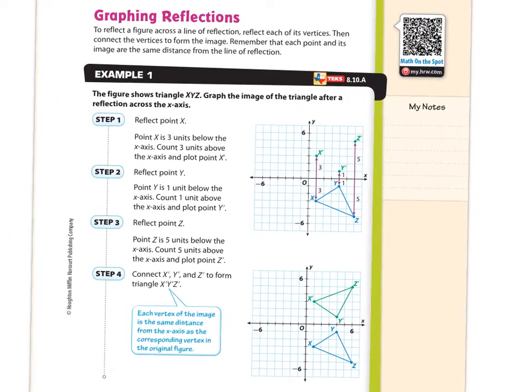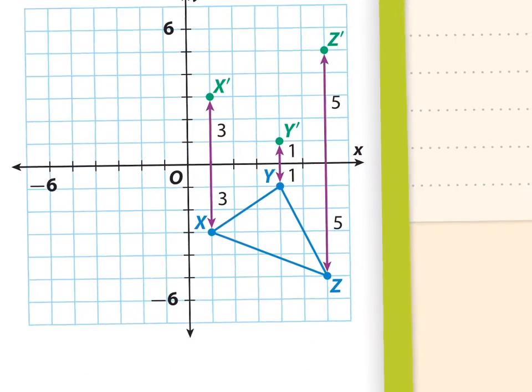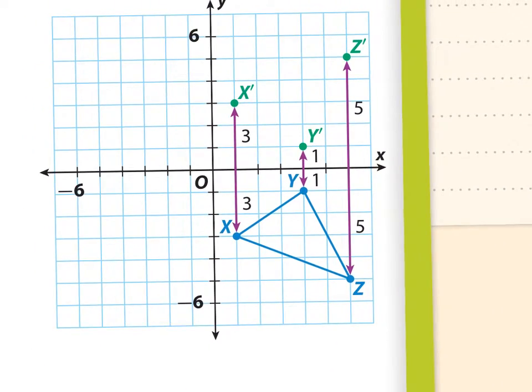You might want to make note of page 341. I know this video should give you some examples of how to do these, but page 341 has a written example that really defines how reflections are done. You can see that they took their pre-image of XYZ and they're reflecting over which axis? The x-axis, and we can see them actually drawing it out. They said instead of down 3, we'll go up 3.